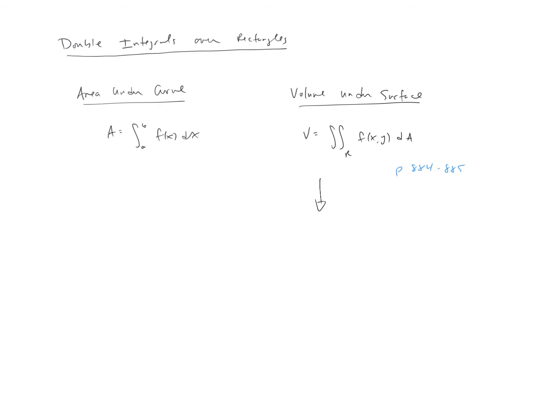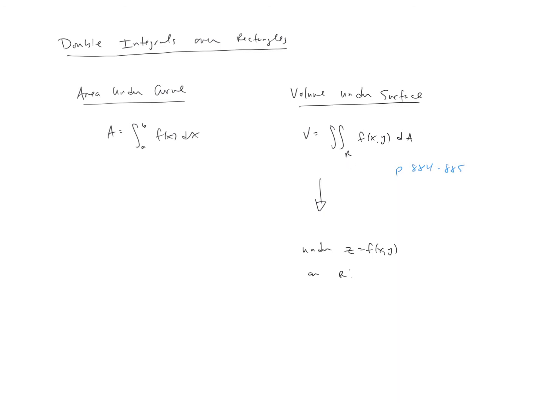Now, I'm going to take this a little bit further and specify to find the volume under the surface, let's say z equals f of xy on the region R. So that R is going to stand for the region. In this particular section, we're going to be computing double integrals over rectangles. So our region is going to be a rectangular region.